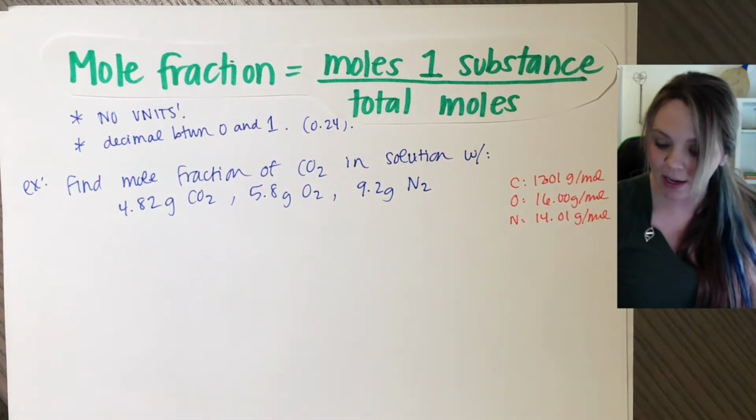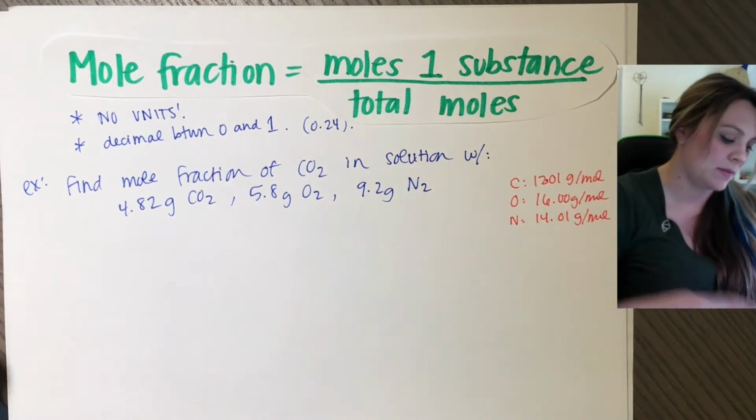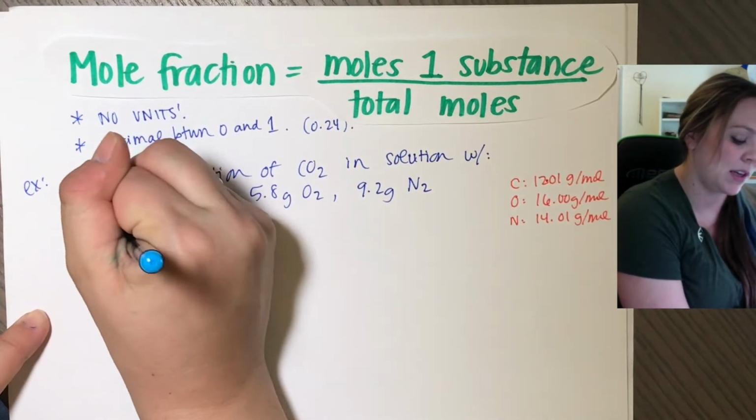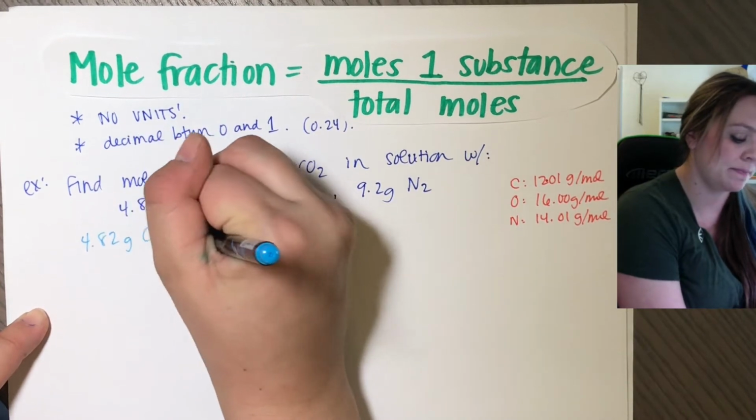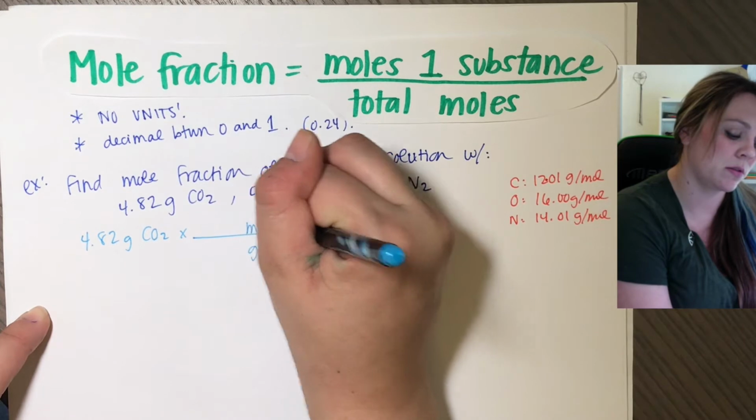So I need to convert. Womp womp. If I start with 4.82 grams of carbon dioxide, I need to get out of grams and get into moles.